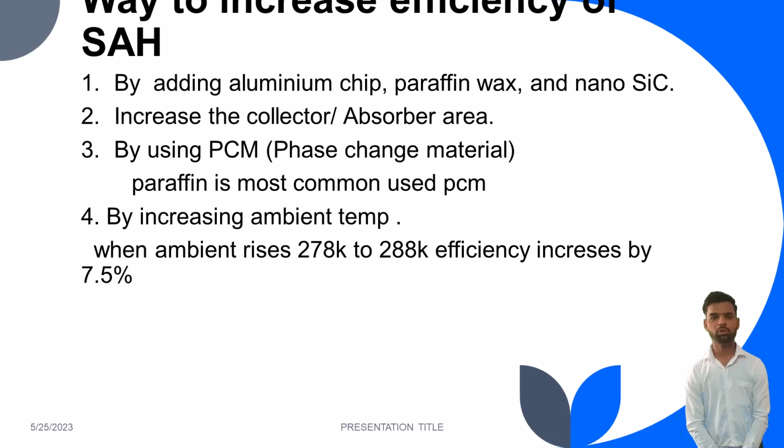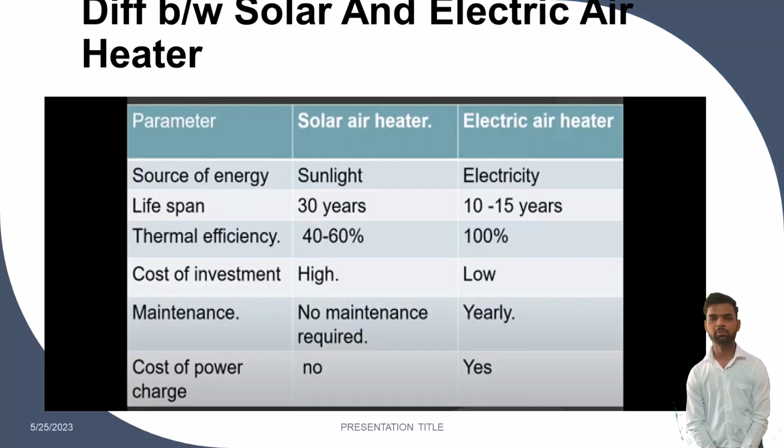Paraffin is the most commonly used PCM. By increasing ambient temperature, it is found in an experiment that when ambient temperature rises from 278 to 288 Kelvin, efficiency increases by 7.5%. These are the main differences between solar and electric air heater, which are shown in the table on the slide.